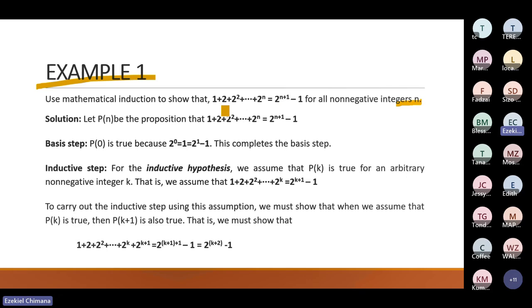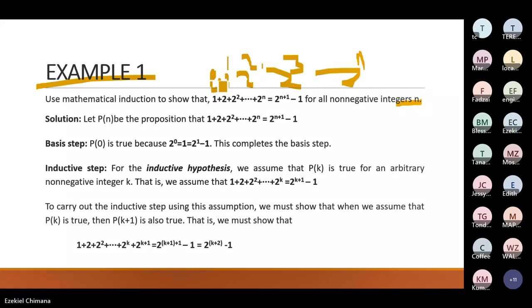If you look at this one, we're adding powers of 2: 2 to the power 0, 2 to the power 1, 2 to the power 2, 2 to the power 3, up to 2 to the power n.